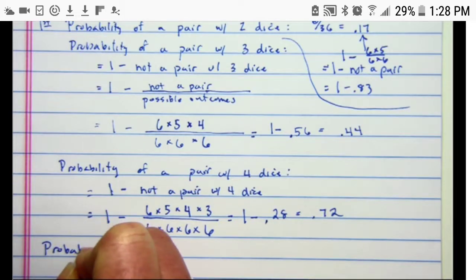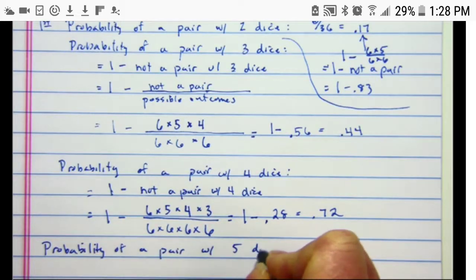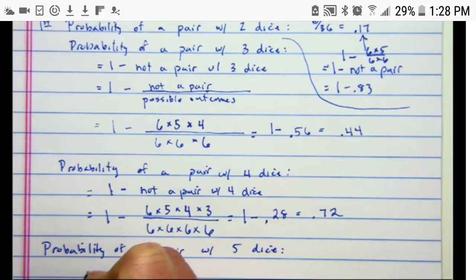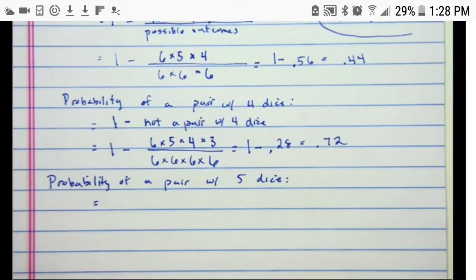Well, let's see finally the probability of a pair with 5 dice. So people who play Yahtzee can know how likely they are to get a pair with 5 dice. Now this doesn't tell a particular pair, just any pair at all. And we'll just continue this pattern.